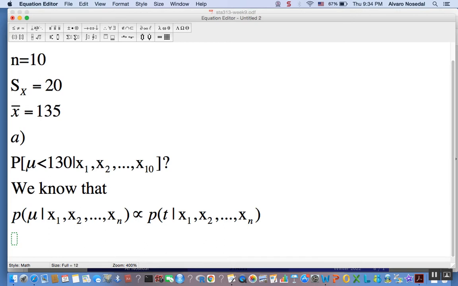And what we know is that the posterior distribution of t given our sample looks like this.